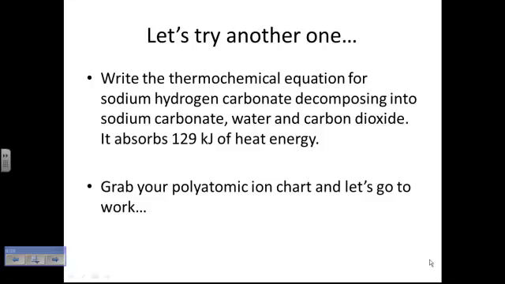We're going to decompose sodium hydrogen carbonate, and it tells us the products: sodium carbonate, water, and carbon dioxide. A clue here is that it's absorbing 129 kJ, kilojoules, I'll abbreviate as kJ, of heat energy. Absorbing tells us that we have an endothermic process.